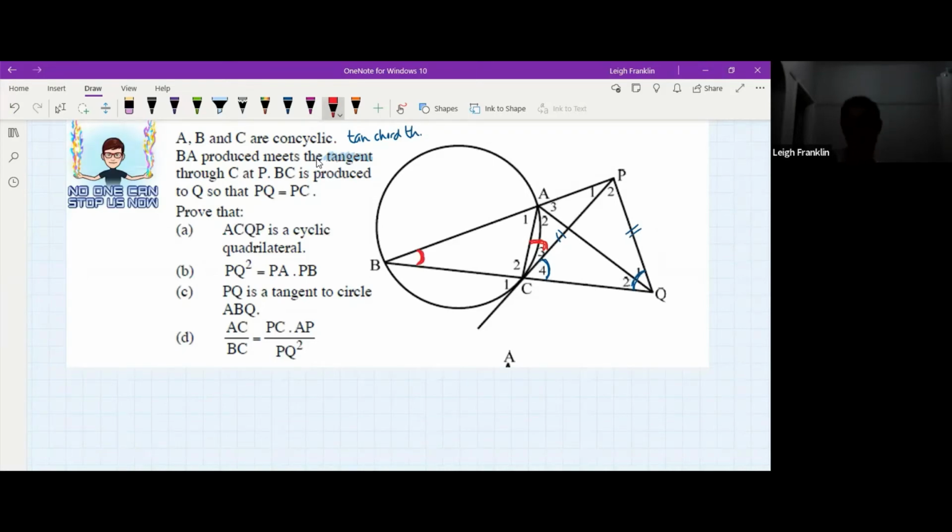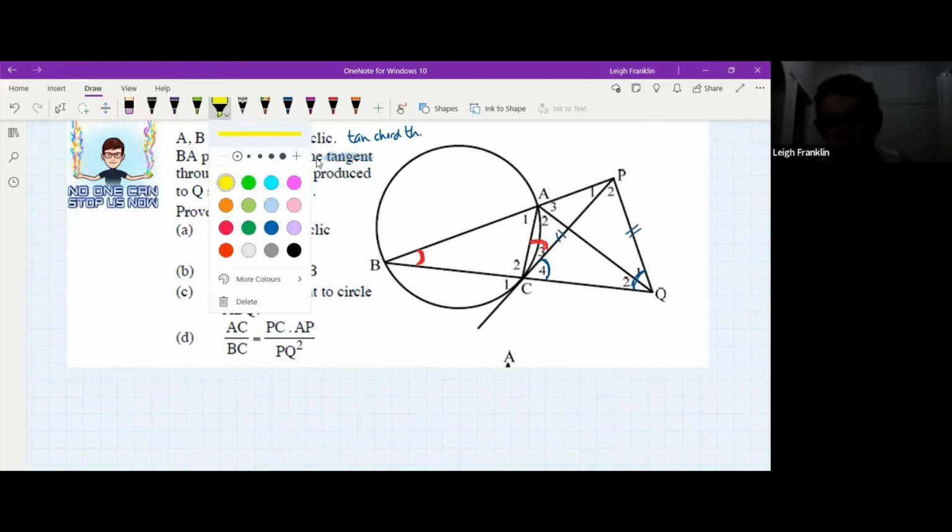Now, the first thing that they want us to do here, and I chose this question on purpose, is prove ACQP is cyclic. I'm really glad we got an opportunity to do this, because I know this is something that a lot of grade 11s and matrics always struggle with. So we need to prove that ACQP is cyclic. Again, let's highlight it so that it sticks out for us.